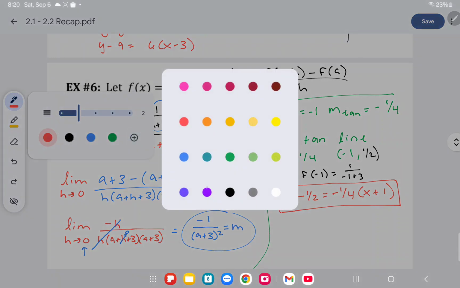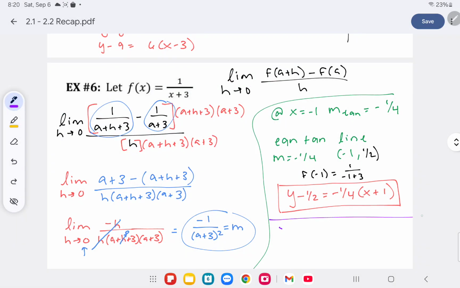Second follow-up question says find the slope of the normal line. This is our last vocab word for this lesson. Or it says write an equation of the normal line, sorry. Normal lines are always perpendicular to tangent lines. So what we know about perpendicular slopes is that they're opposite reciprocals.